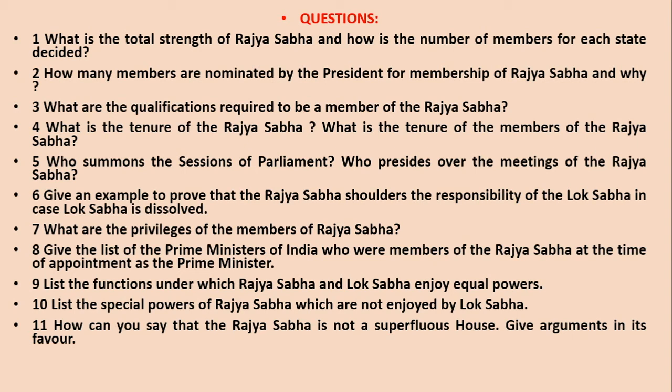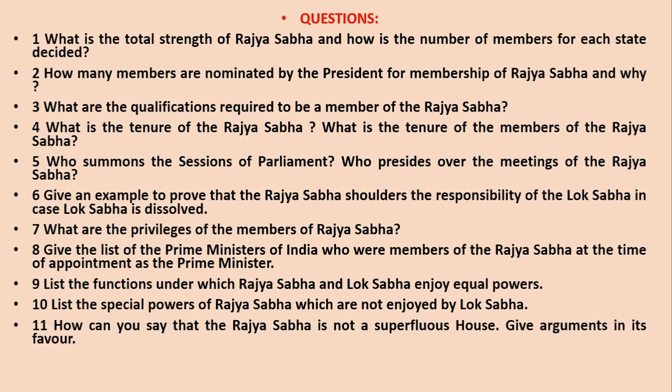The next question is: how many members are nominated by the President for the membership of Rajya Sabha and why? The members who are nominated by the President are 12 members, and why they are nominated, they are just being honored, and just to honor them this nomination is done. The next is: what are the qualifications required to be a member of Rajya Sabha?